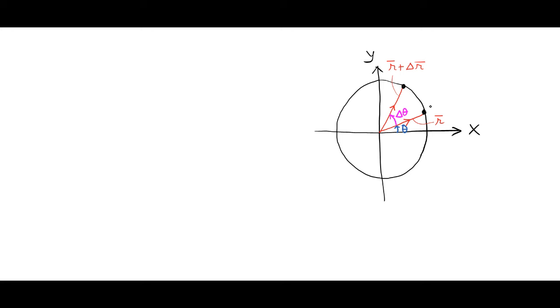So the particle moves from position A to position B in a time delta t. R bar is the initial position vector, which in this case is also called the radius vector because the particle is moving along a circle.